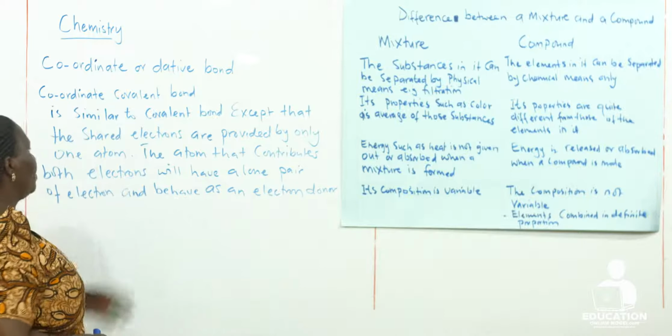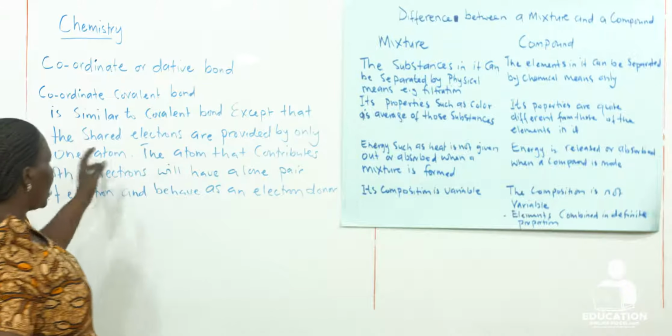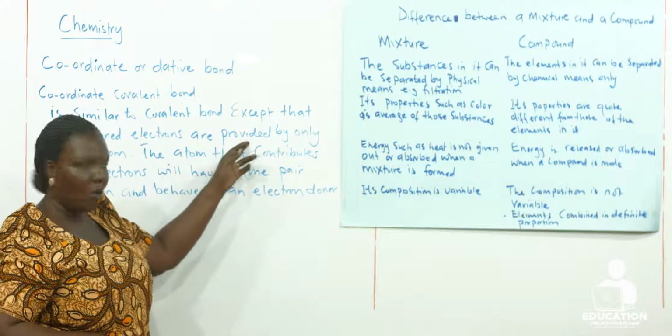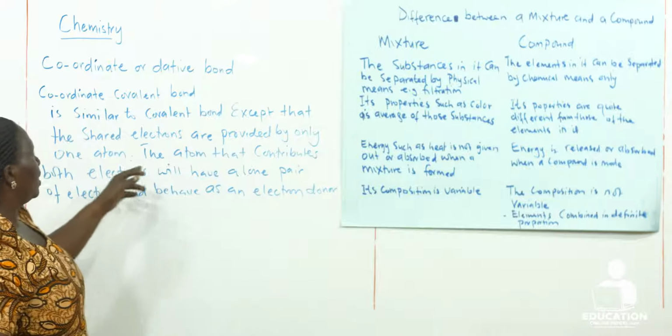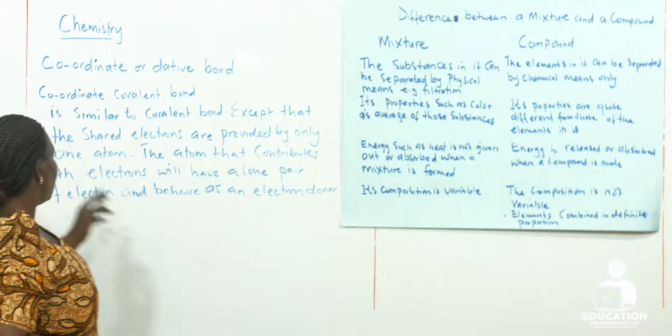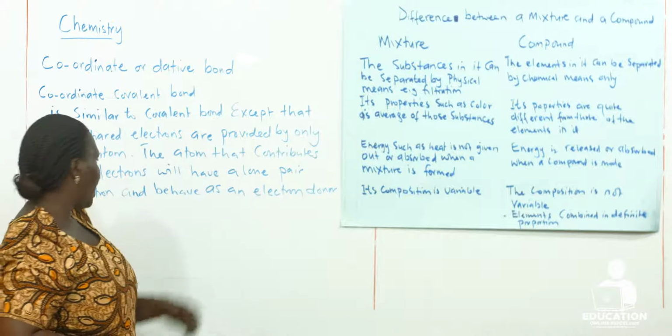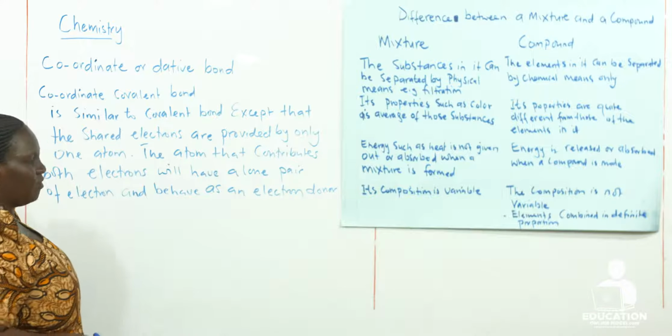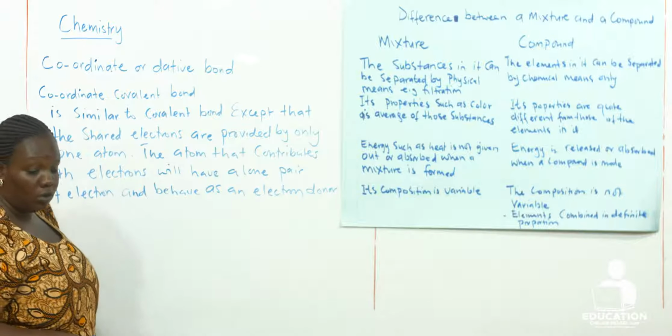So we have similar to covalent bond, except that the shared electrons are provided by only one atom, and the atom that contributes both electrons will have a lone pair of electron and behave as an electron donor.